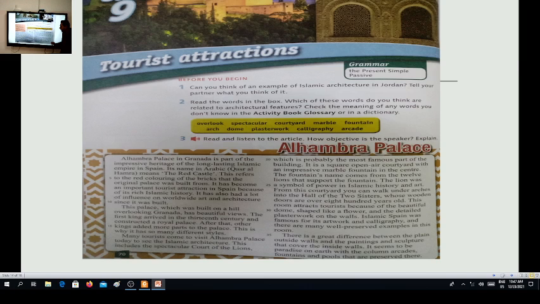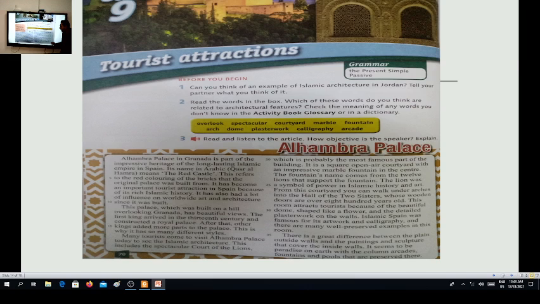You can refer to Spain, right? The red castle refers to the red coloring of the bricks that the original palace was built from. And there is a reason why I call it the red castle, Qasr al-Hamra: the original palace was built from red bricks.